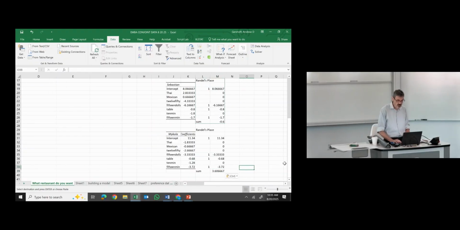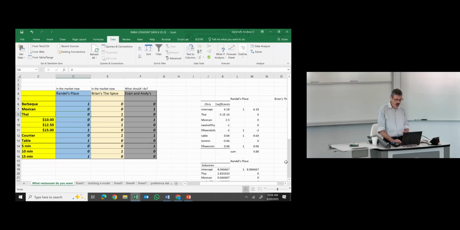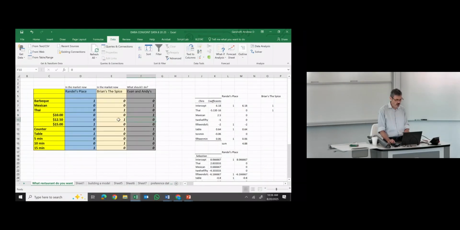And so then what I can do is the same thing for these other restaurants. So this is Brian's place, Brian's The Spice. And so that is going to have the Intercept present, and then Brian's restaurant is a Thai restaurant, and the price is $12.50, and it's got counter service, so not table service, so I'll leave that blank. And it is 10 minutes away.